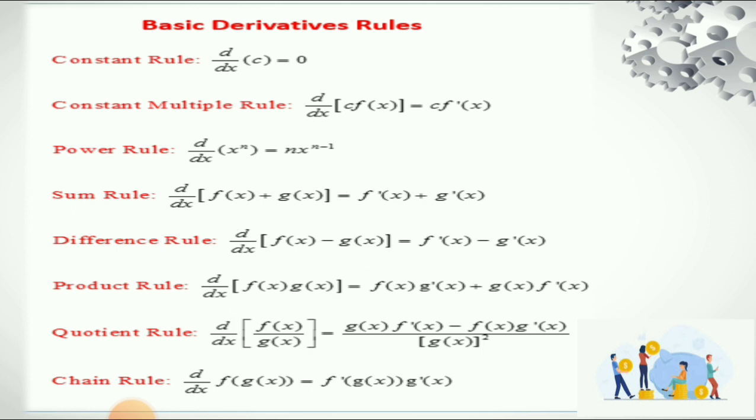In the chain rule, d over dx of f of g of x is equal to the first derivative of f at g of x multiplied by the first derivative of g of x.